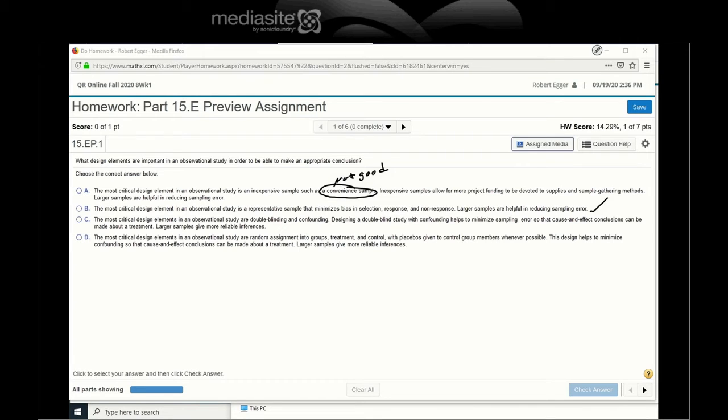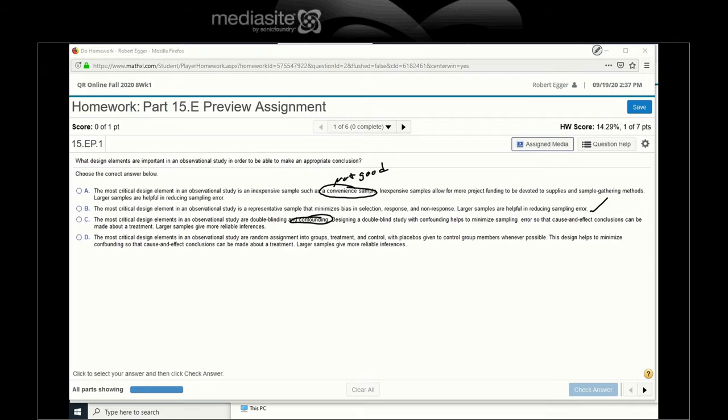Possibly. The most critical design element in an observational study are double blinding and confounding. Designing a double blind study with confounding helps minimize sampling errors so that cause and effect conclusions can be made about a treatment. Large samples give more reliable inferences. Okay, there's a couple things wrong with this one. First of all, confounding is a bad thing.